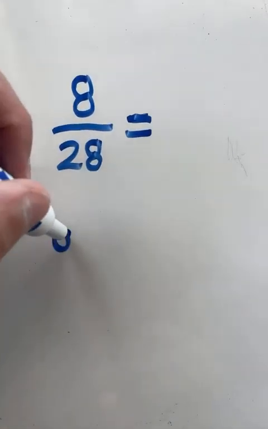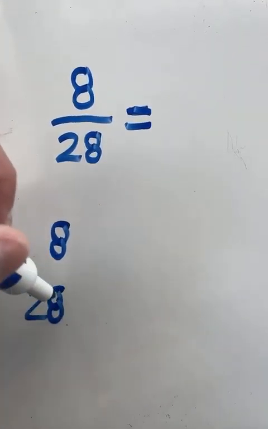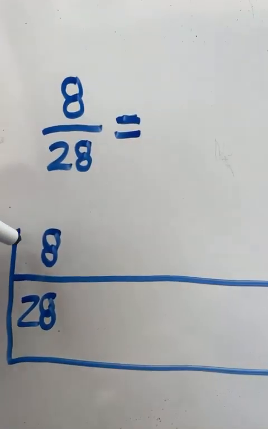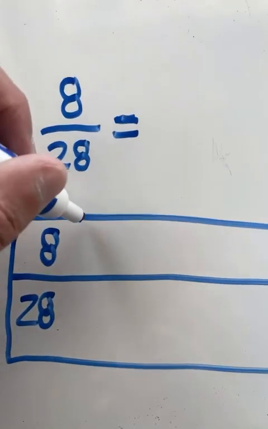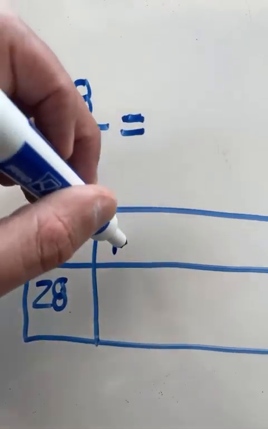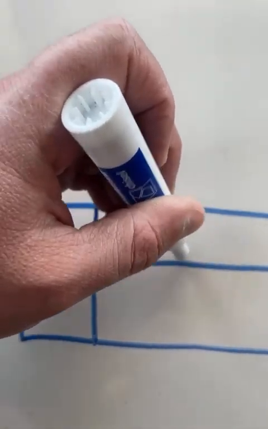So I'm going to write out all the factors of 8 and 28, and then we're going to divide by the greatest common factor. So for the factors of 8, we have 1, we have 2, we have 4, and we have 8.